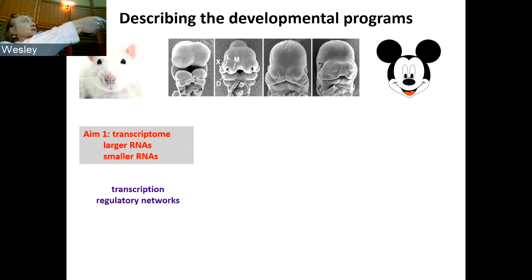First of all, we're collecting transcriptome data from different stages at fairly high resolution in both time and space and tissue layer. We're looking at the larger transcripts, lncRNAs, coding RNAs. We're looking at the smaller transcripts, the microRNAs that we think about, but also smaller regulatory RNAs like snRNAs and snoRNAs.